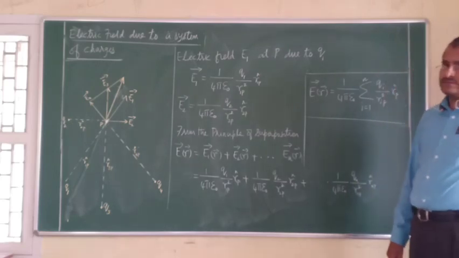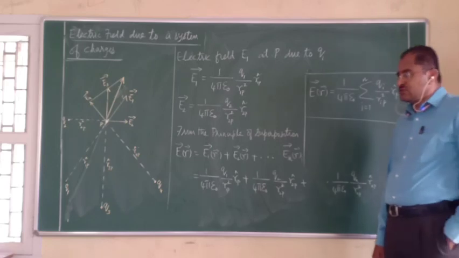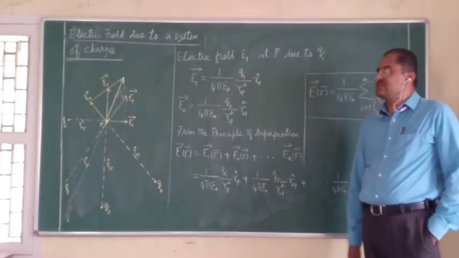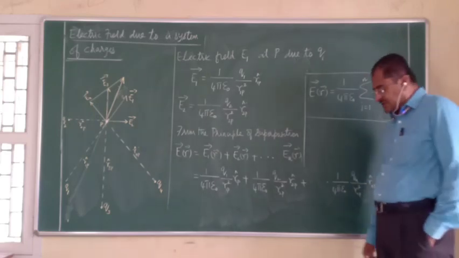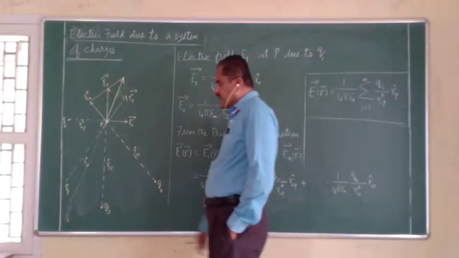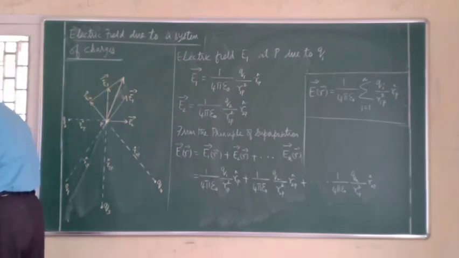So we have seen how to determine electric field due to a single charge and due to multiple charges. From here, we proceed to see what an electric dipole is. All these things you have studied in +2.